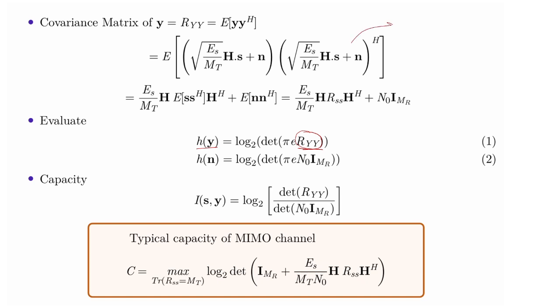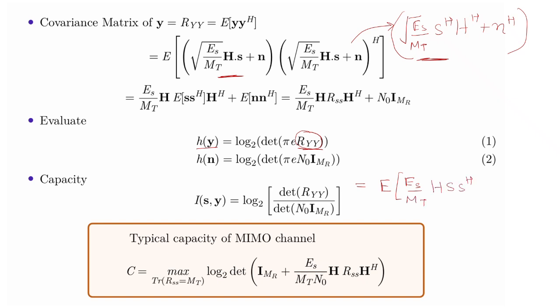If you have Hermitian here, this can be written as root Es by Mt S Hermitian H Hermitian plus N Hermitian. So basically you want to multiply this with this. When you multiply, what will you get? Let me write it here. You will get expectation of Es by Mt H S S Hermitian H Hermitian. This is the first term.